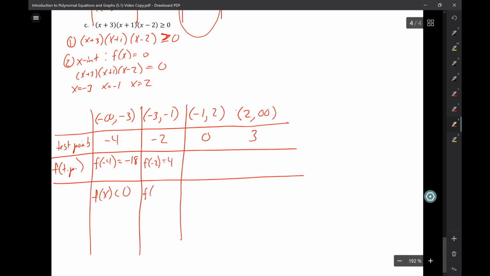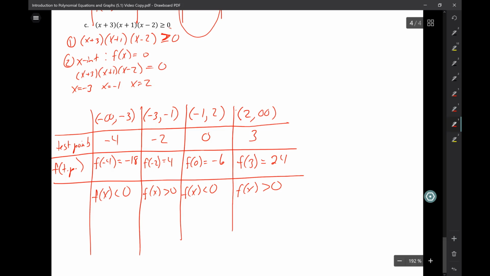But that means the whole function is greater than 0, or above the x-axis here. If you put in 0 everywhere you see an x, you're going to get -6, which means the function is actually less than 0. Then finally, if you put in f of 3, that is going to equal 24, and therefore the function for that whole interval is greater than 0.